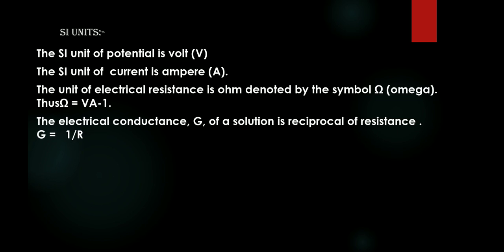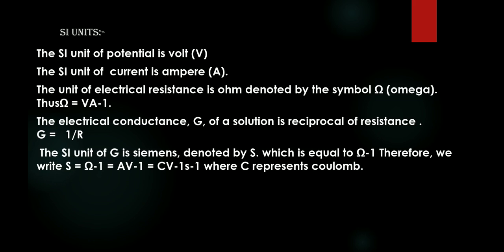The electrical conductance G of a solution, represented by capital G, is the reciprocal of resistance, means G is equal to 1 by R. The SI unit of G is Siemens, denoted by S, which is equal to per ohm.